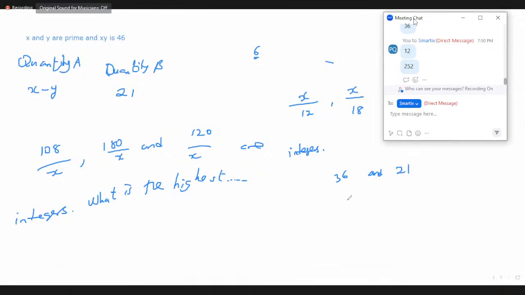So the product of the numbers divided by the HCF is the LCM. So 36 times 21 over 3 is going to give you 12 times 21. So that's 240 plus 12. So that's 252.